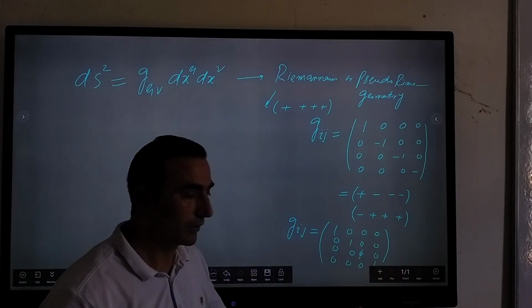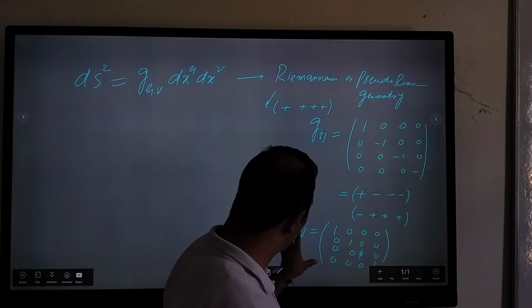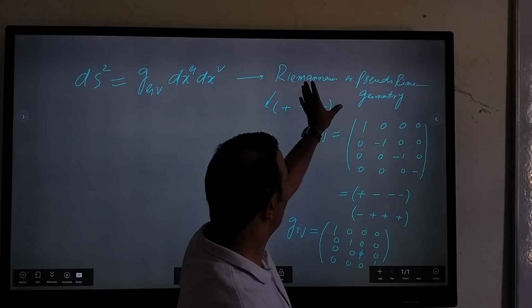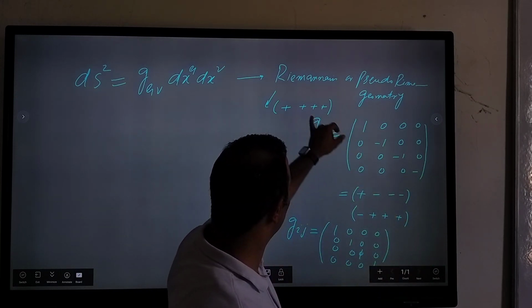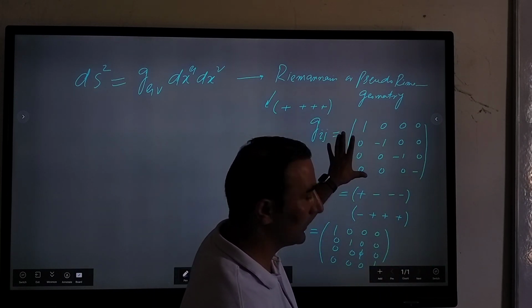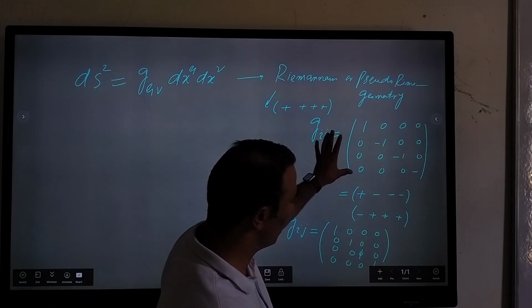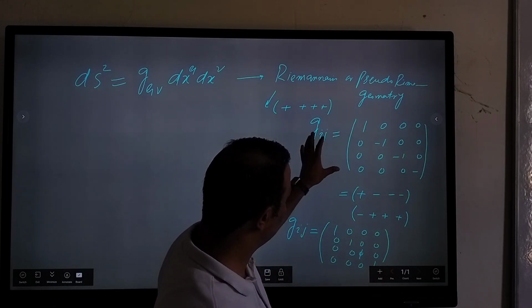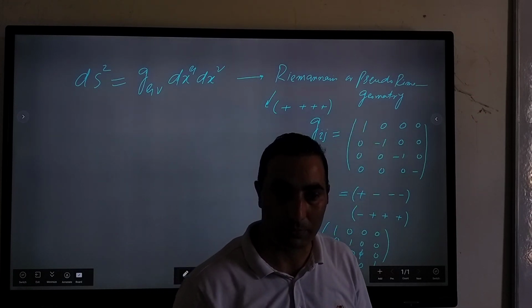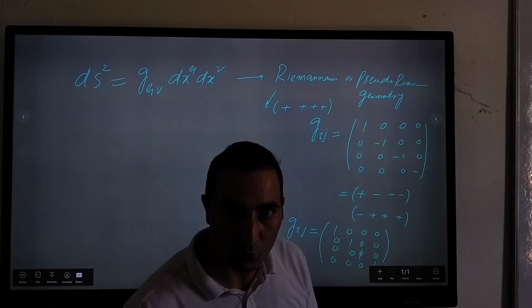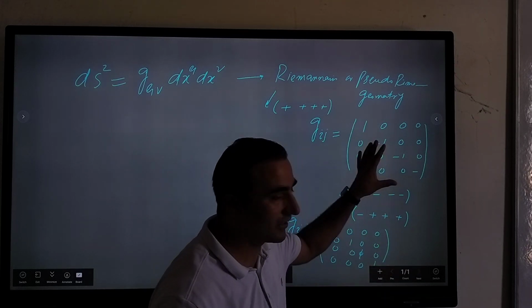So this is when you write this matrix element for Riemannian or pseudo-Riemannian geometry in Euclidean space, you have plus plus signs. And this is the Minkowski matrix, where we have one plus sign component and the rest will be minus. So the time component will be plus and the space components will be minus. That's clear from here, right?